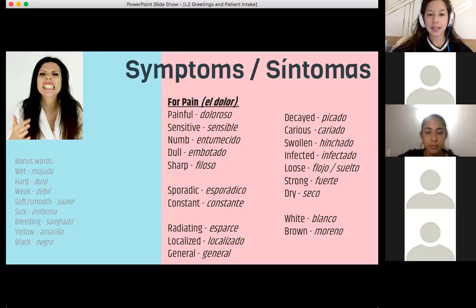And then sporadic is very similar in Spanish, esporádico. Constant, constante, very similar. Radiating is esparce. Localized is localizado. General is general. So localizado and general are very similar to their English counterparts.